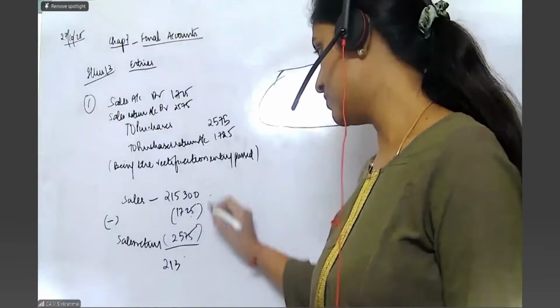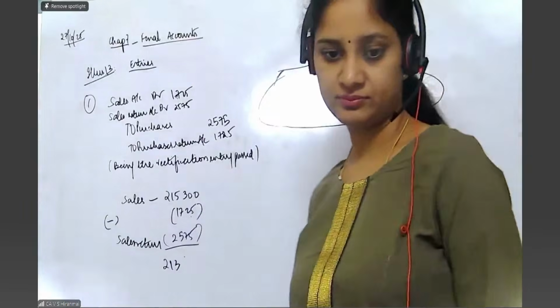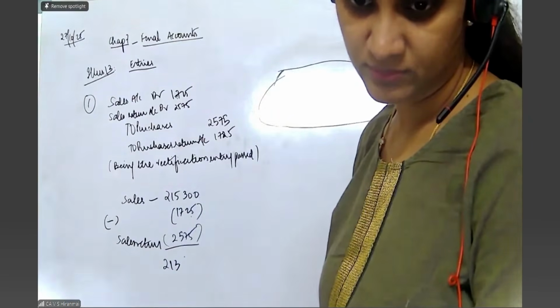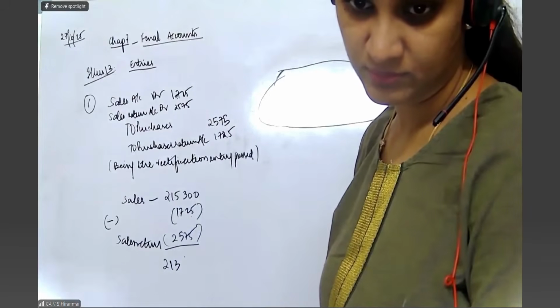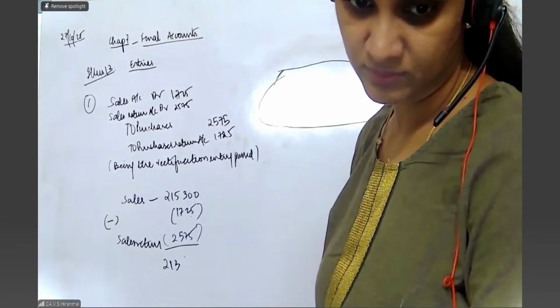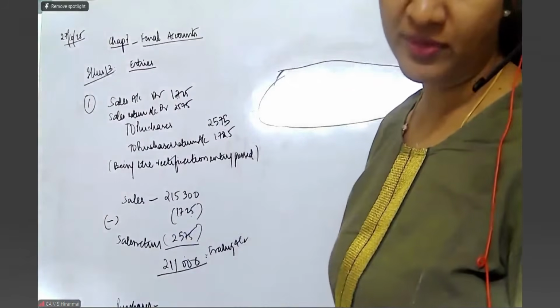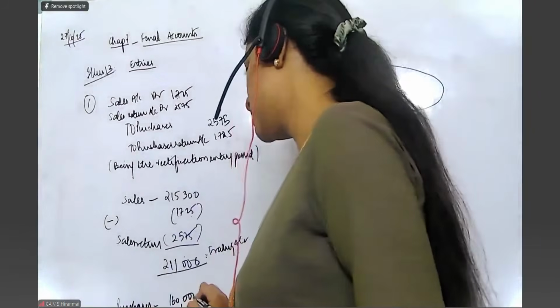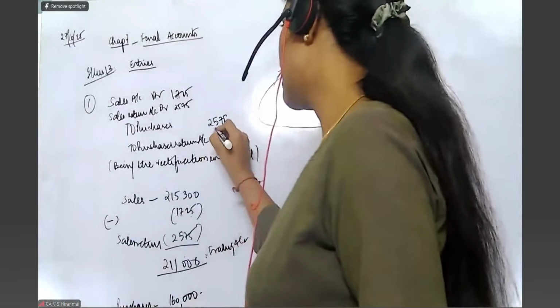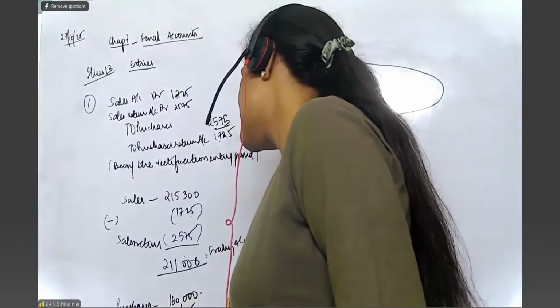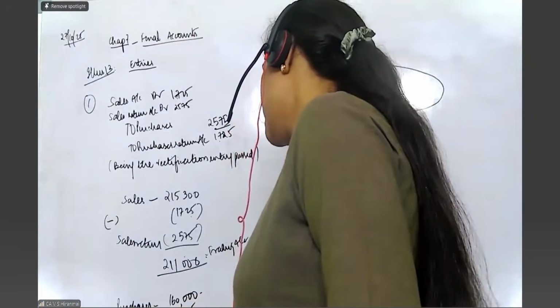Just tell me what is the value of this, anybody? The purchases also. The value of the purchases given to you in the trial balance is 1,60,000, minus wrongly included 2,575, and now you have accounted for the purchases returns, which is 1,725.